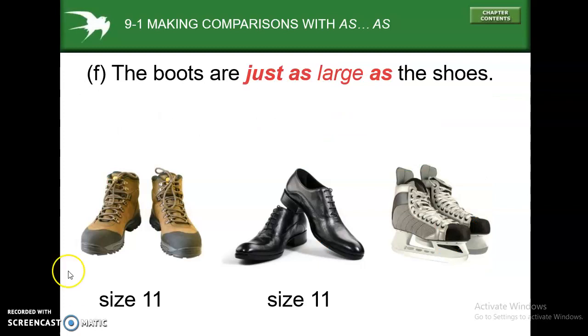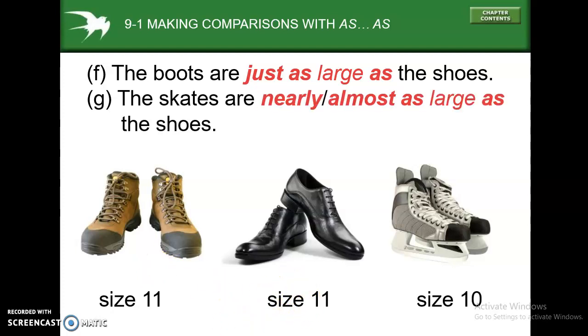Now, look at this example. The boots are just as large as the shoes. The skates are nearly or almost as large as the shoes.